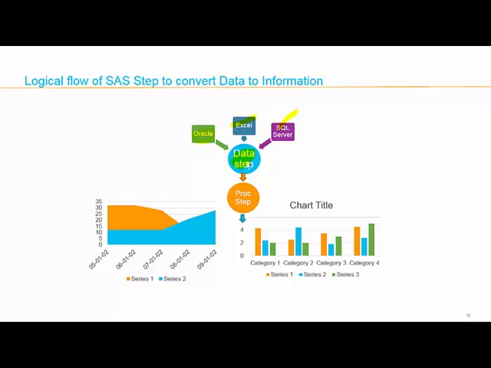So once you have access to the data and you have done all the data preparation in your data step, you'll use certain procedures to build some high-end graphical reports. Those reports can be in the form of a simple list report, or it can be in the form of a line graph or a bar chart.